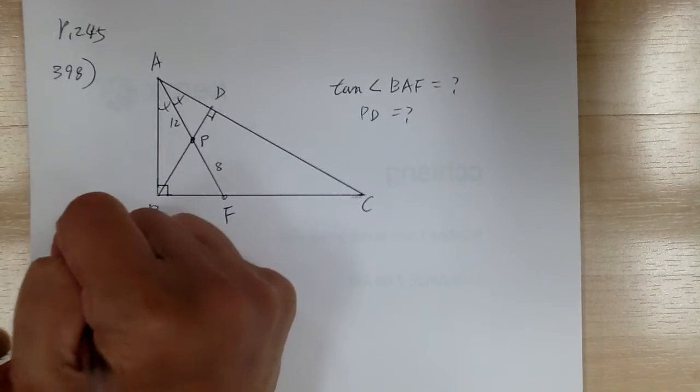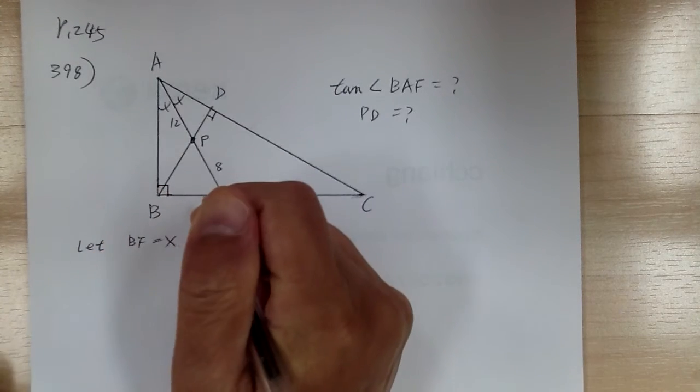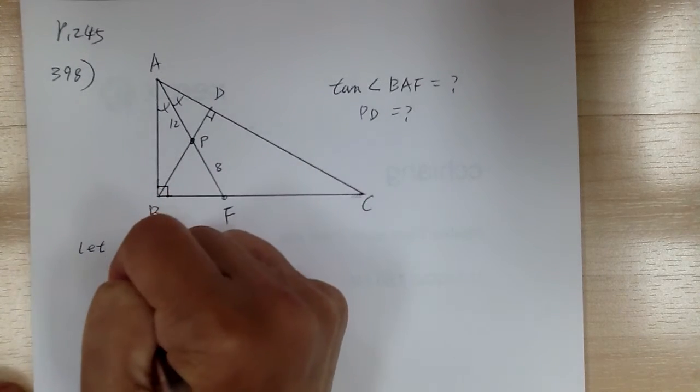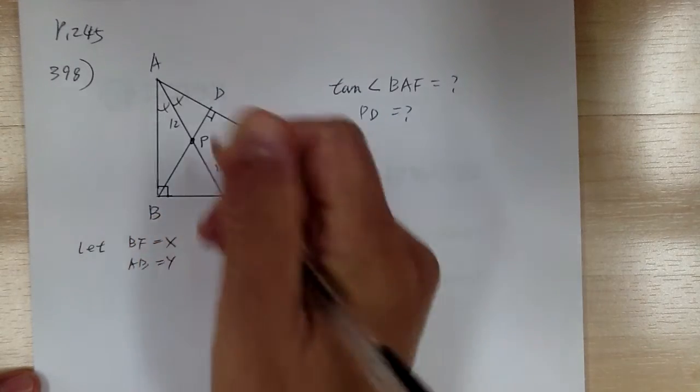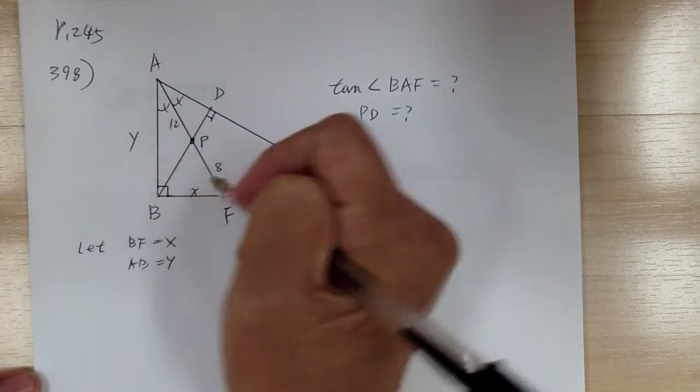Okay, so first let BF equal to X and AB equal to Y. So this is Y and this is X over here.